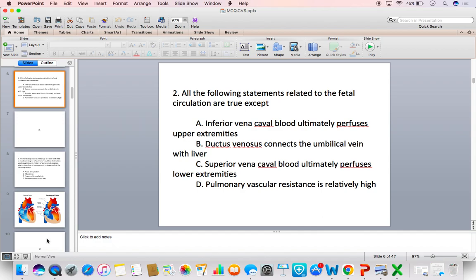Aorta gives away branches, the carotids and the subclavians, supplying the upper extremities.